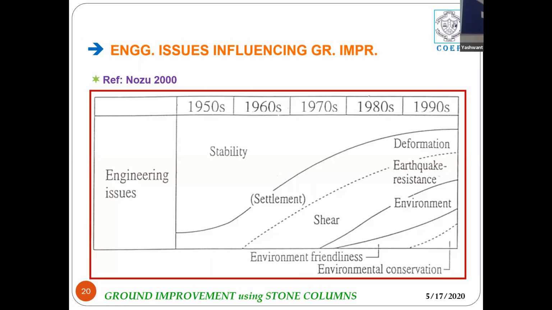Then we had shear, the deformation, earthquake resistance, and the environmental impact studies were required to be carried out in the recent 2 to 3 decades. It has started, and the environmental conservation and sustainability. So these are the different engineering issues that will be governing the performance and the site selections also.